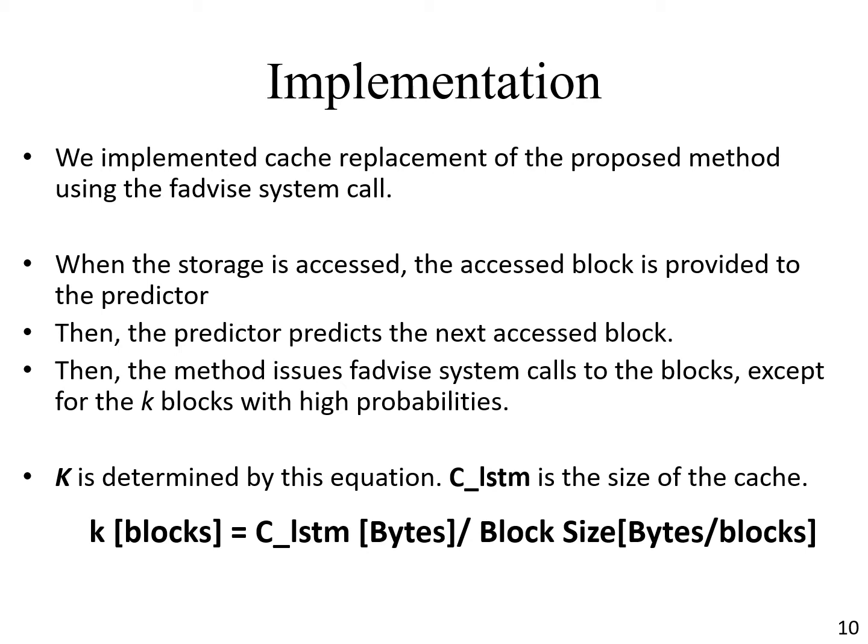Then, the predictor predicts the next access block. Then, the method issues fadvise system calls to the blocks for the k blocks with high probabilities. K is determined by this equation. C_LSTM is the size of the cache.